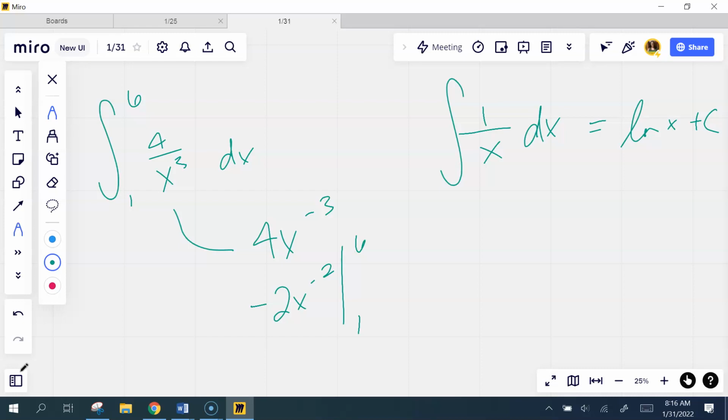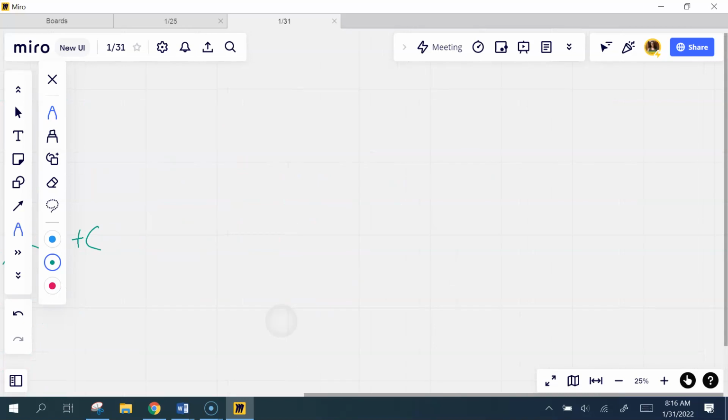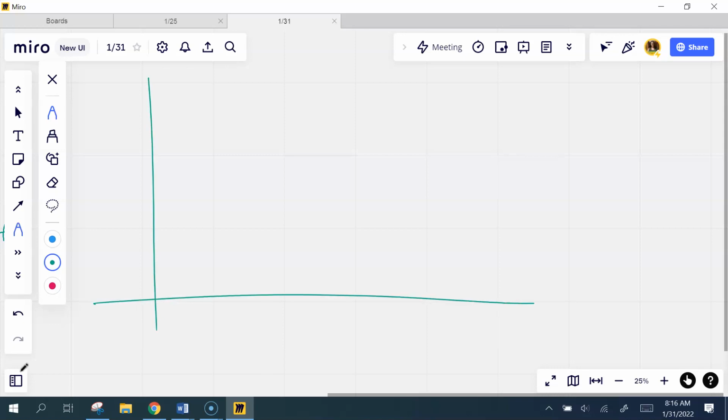I know y'all need number 2. I did the trap rule. Why would you do the trap rule? It was just the only thing that popped in my mind. Yeah. But if you did the trap rule, this is cosecant squared x, going from pi over 6.